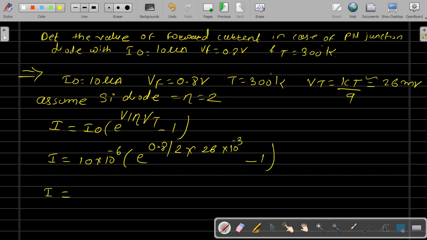If you solve this, you should get something like this. So you can practice more problems on the diode current equation, because it is a very important topic. Definitely a question will be asked on the problems of the diode current equation. Thank you.